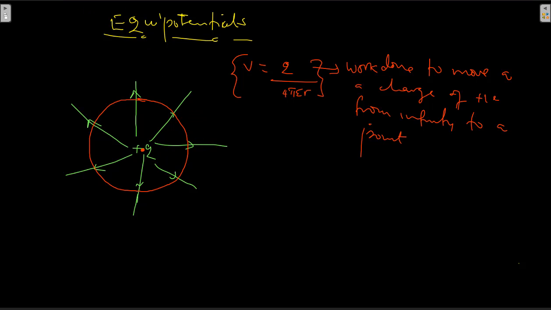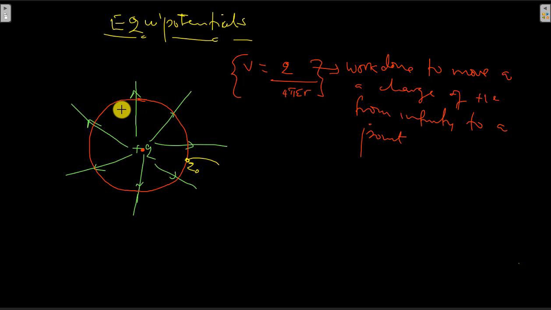So what if we bring our charge and place it somewhere here? Let's say that's our test charge Q0. What if we now begin moving the test charge along this arc of the circle that is surrounding the point charge? Are we really doing any work?